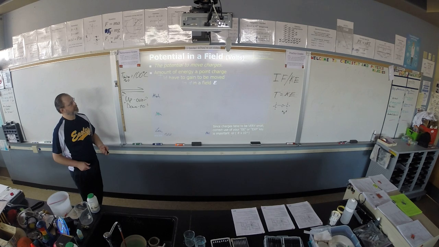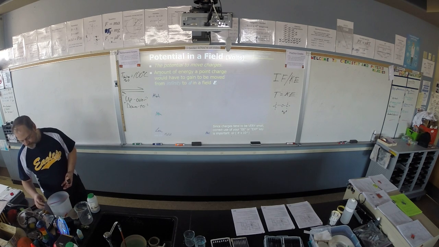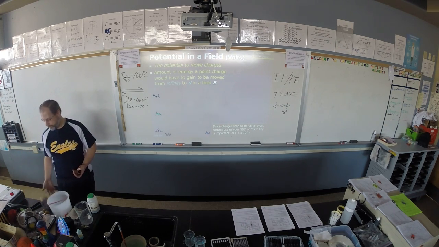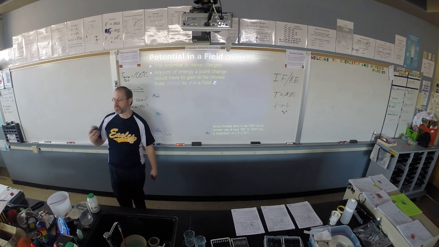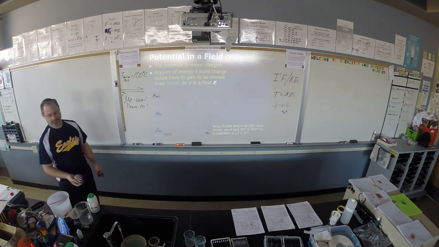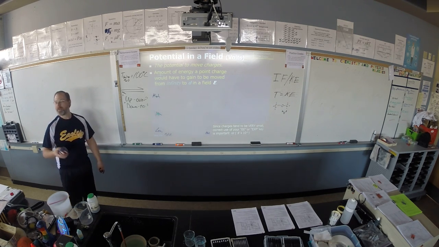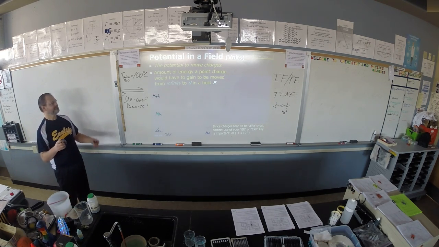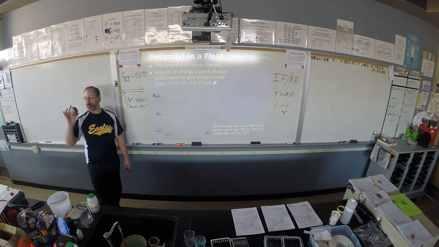I think this is where we ended. Yeah, this is where we ended. Okay, so just like an object in gravity has a potential to fall, if you put a point charge in an electric field, there is a potential for it to move towards or away from the center of the field. And by convention, the potential is how much energy it would take to place that particle in the field.